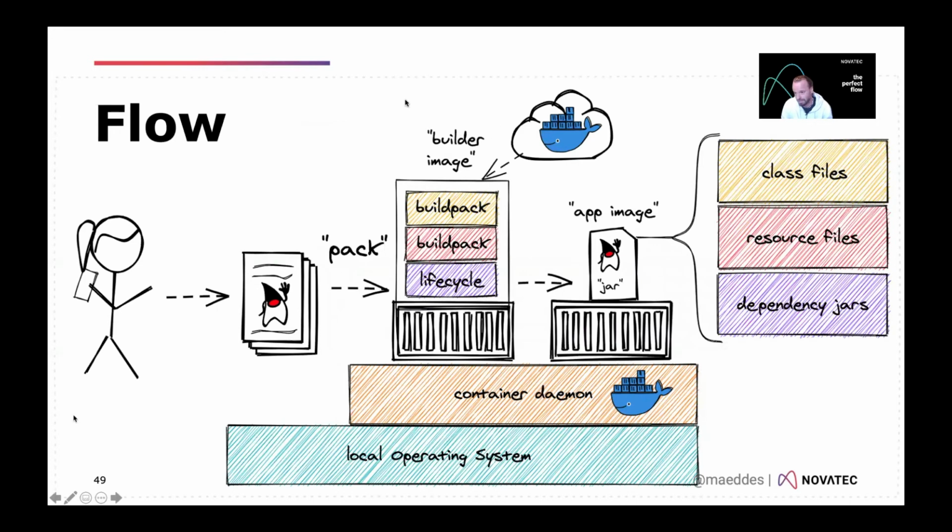It downloads the Paketo builder image and then runs the build execution. You come out with the application image. And in the special case of Java, it works in a very similar way as Jib, where it also differentiates into class, resource, and dependency jars. So in an ideal case, only this top layer will have to be updated.